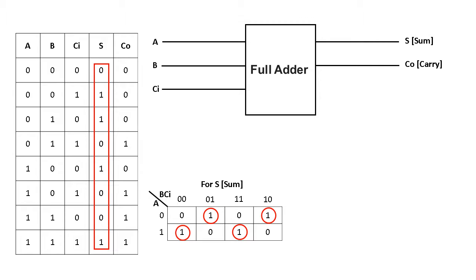And in the first row you can observe A, B, Cin are 0, that is low input in all three fields, and the output is also low, 0. But you can observe in the second row, third row and fifth row, where there are an odd number of high inputs, the output result achieved is high, that is 1. So this represents that this is XOR.